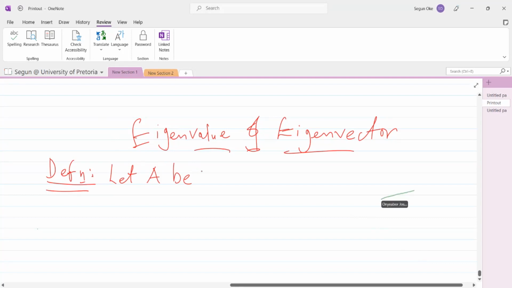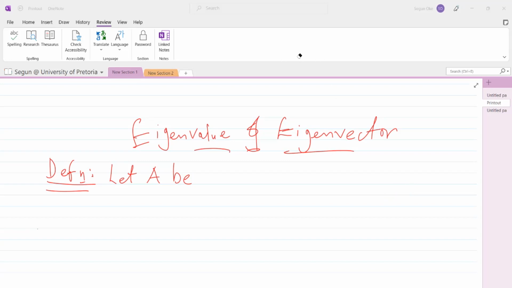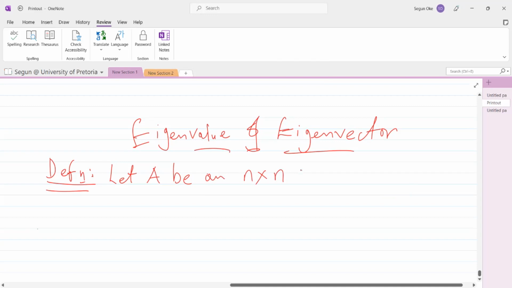Let capital A be, we all know the meaning of capital A now. Thank God for those of us that have done our TMA. Although you said the staff marked you wrong, but don't worry. Let capital A be an n by n matrix.